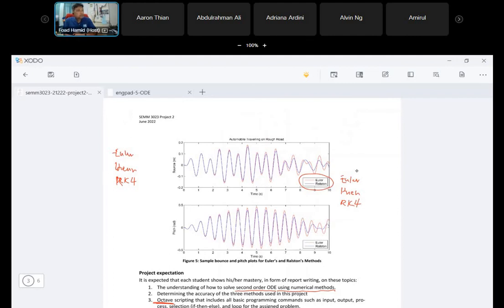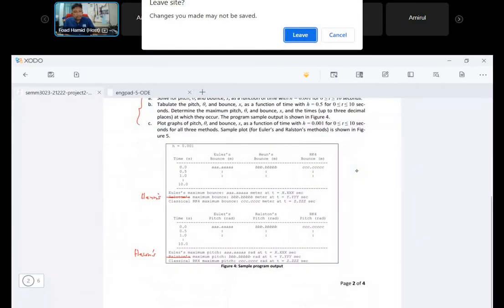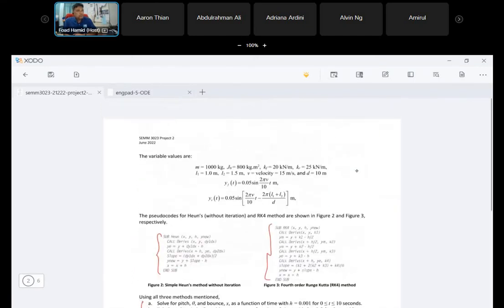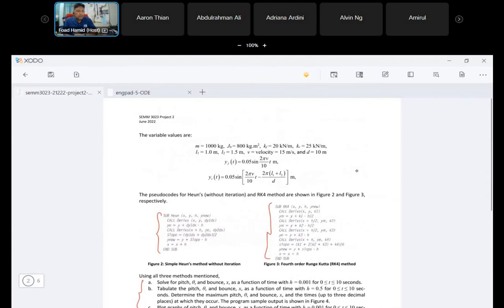Okay, let me correct the typo here, and I will post the edited version on our e-learning portal. Again, this is Yuwen's. I'll change that later and repost the corrected version.